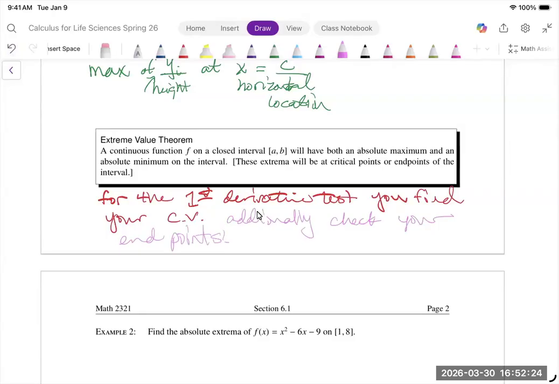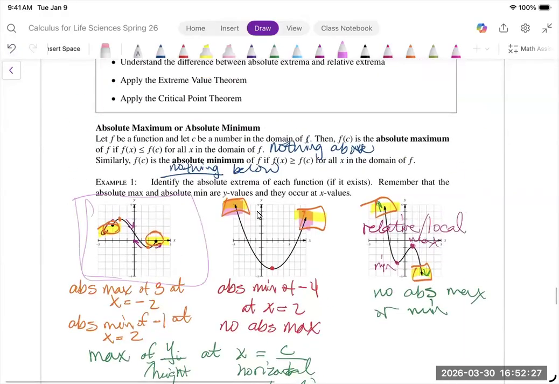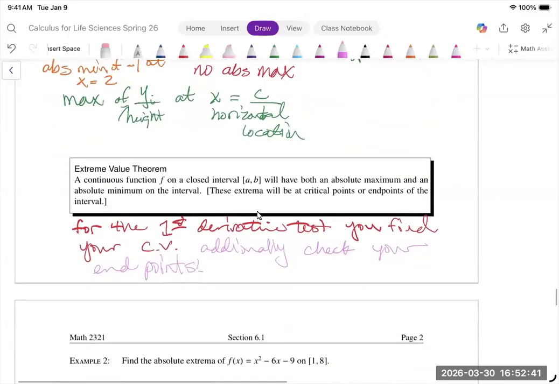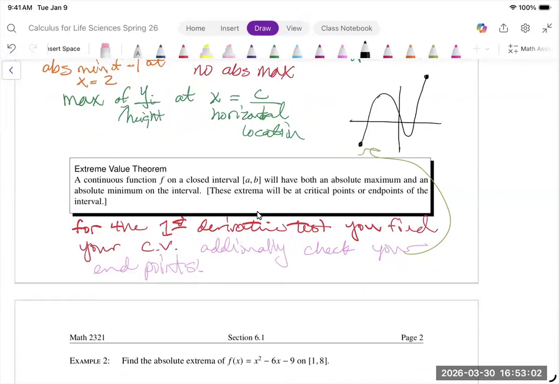So this example right here: these are my CVs, my critical values. But we always need to check our endpoints as well, like what's going on here. It could be some situation where I have these as my endpoints.